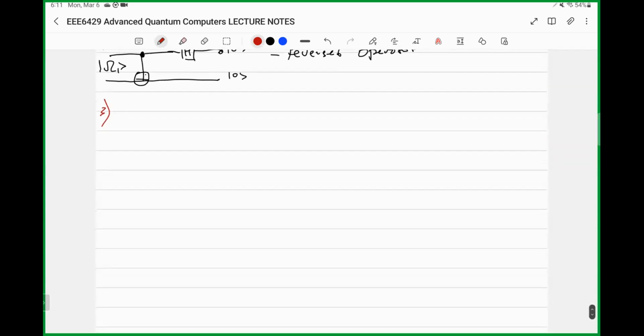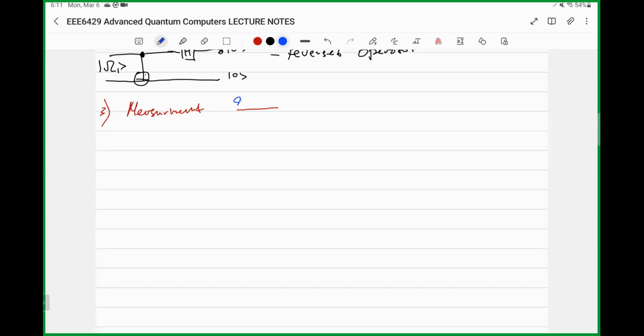So the measurement is represented by another gate in this circuit. It looks like this. In these quantum circuits, the state of the qubit is represented by one line like this.